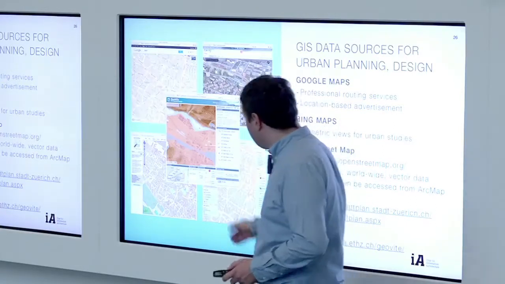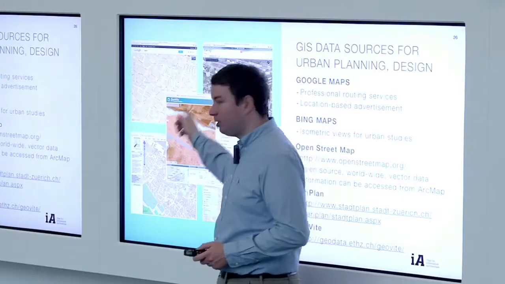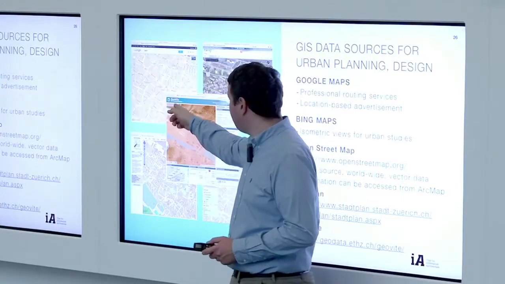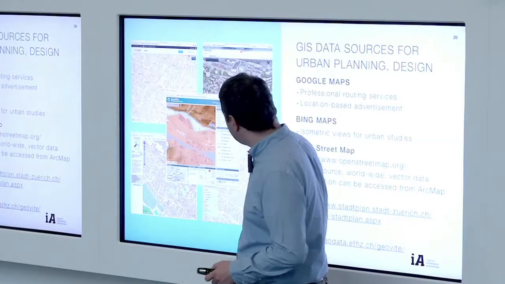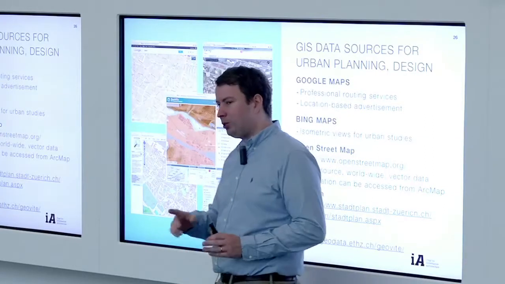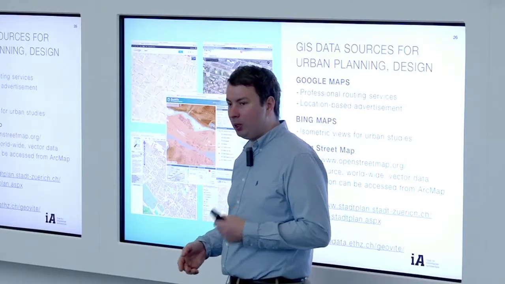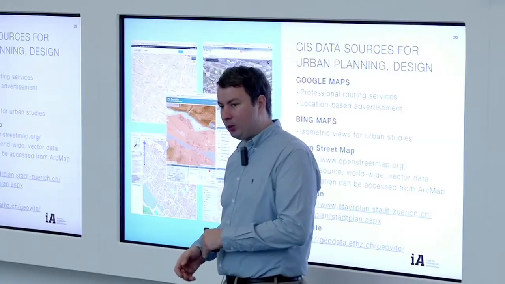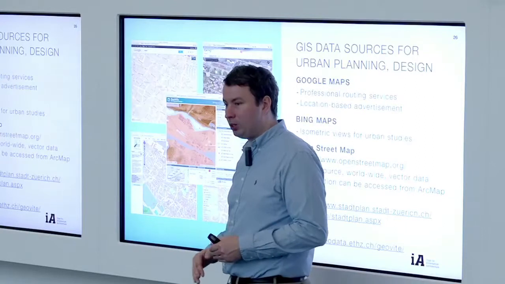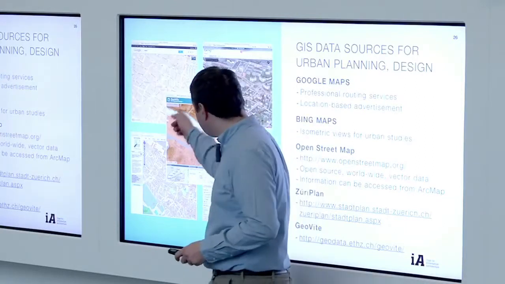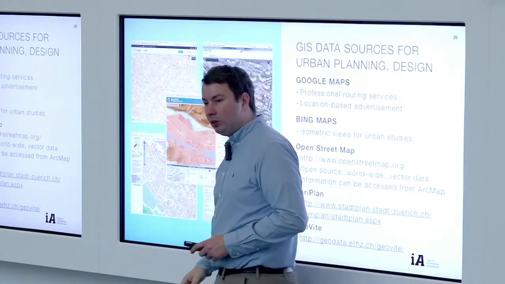As long as you are studying here at ETH, there's a portal called GeoVITE. With GeoVITE, sometimes you need to try out if your student account is working already. Sometimes you need to ask an assistant for permissions so that you can download the data. But with GeoVITE, you get all the Swiss topo information just for free.